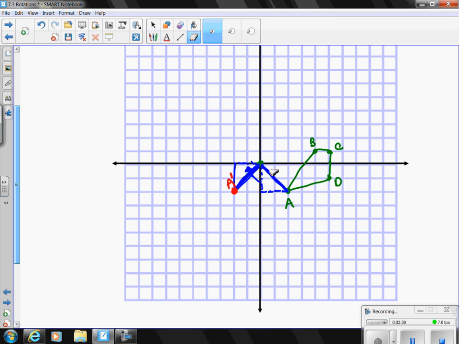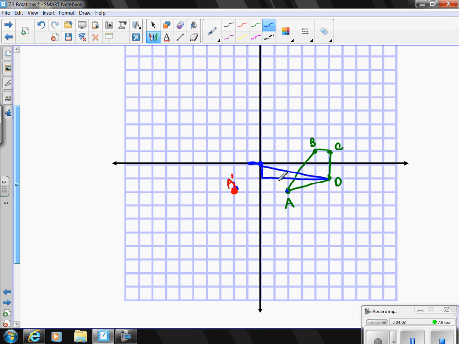I'm going to erase some of these marks so I'm not confused by them, and I'm going to do the same thing again, this time with point D. So I draw in a little triangle, and I'm going to rotate this side that is touching the origin 90 degrees. So if it's down here, it's going to go over like that.